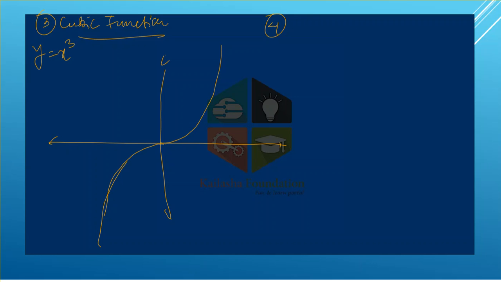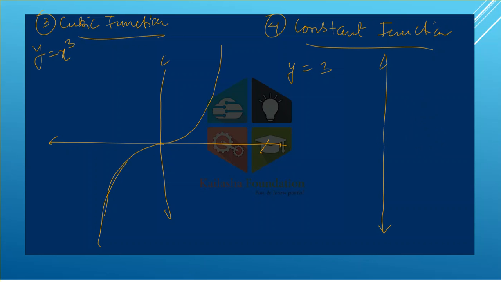Thereafter, fourth one is the constant function. Y is equal to c, but c is difficult to understand. So let's say y is equal to 3. In place of 3, it can be anything. So this is 3.